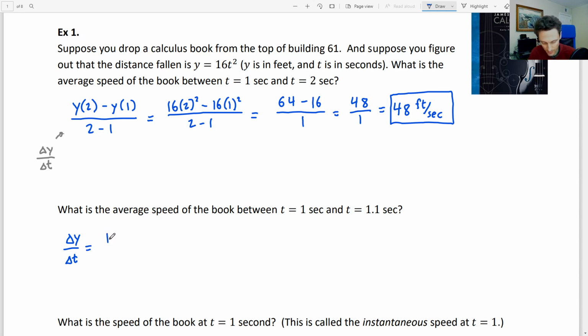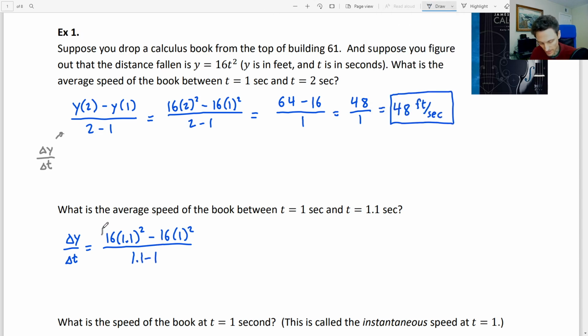And we'll jump in and we'll say, all right, the final distance is going to be the one with t equals 1.1 plugged in. That's going to be like the final y value, and then minus the initial y value over now 1.1 minus 1.